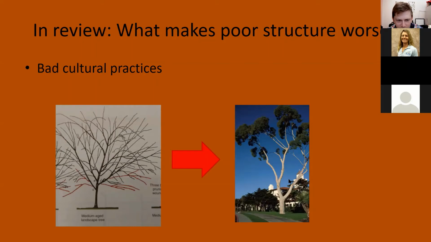So that's something we have to keep in mind, and we're not all arborists. We don't have time to think about these things, but we actually have the most control over trees in terms of how they're going to perform in storms and other stressful events when they're much smaller and manageable for us as homeowners.